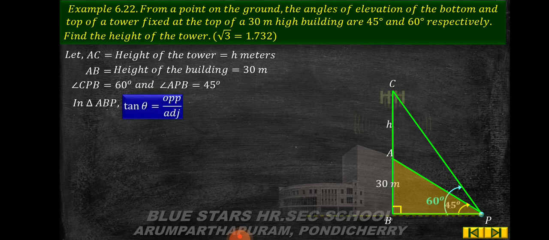We know tan theta is equal to opposite by adjacent. Here theta is 45 degree. Then the opposite side is AB divided by adjacent side is BP. You know the value of AB is 30 meter, and tan 45 degree value is 1. So 1 is equal to 30 by BP, which implies BP is equal to 30.